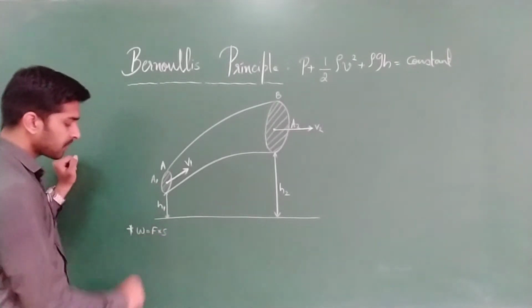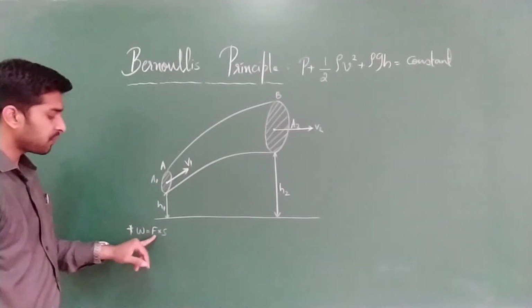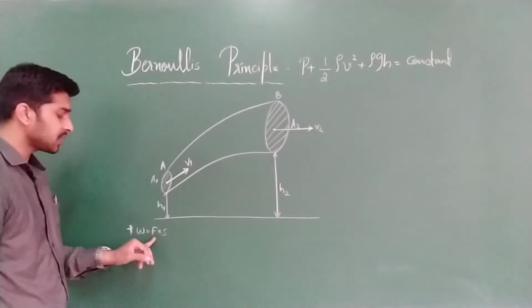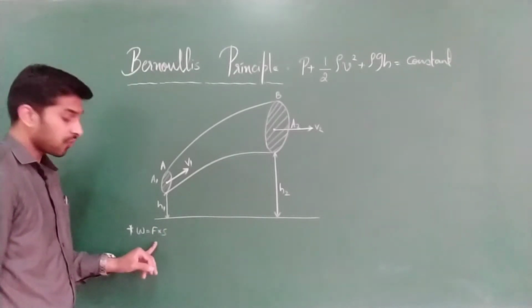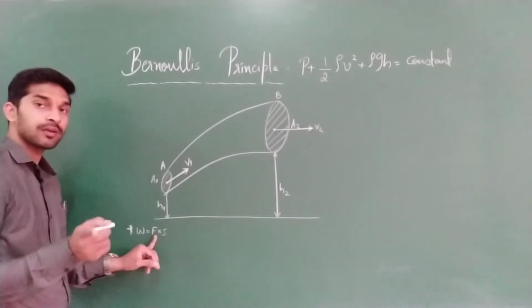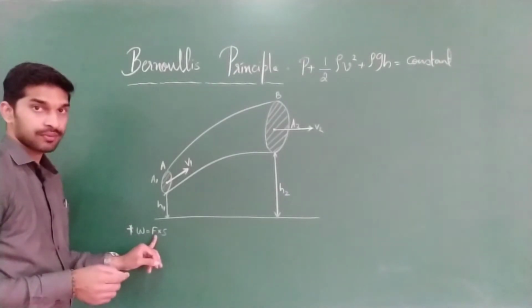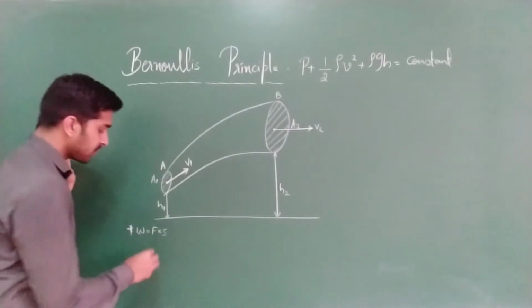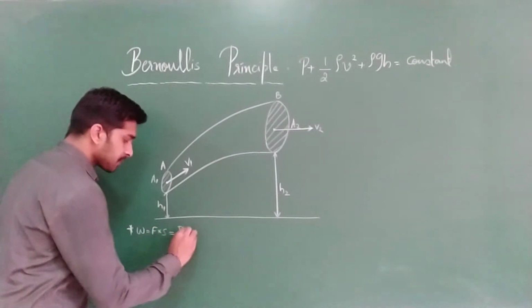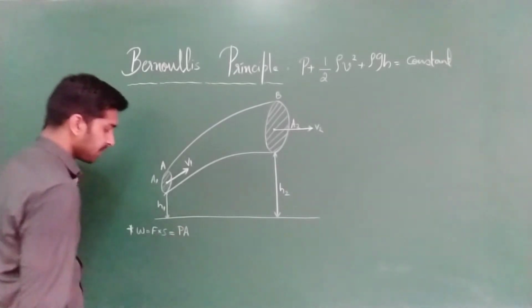We know that pressure is force applied per unit area. Pressure is F by A. From P is equal to F by A, if I separate F, F is equal to P into A. Therefore, I will write here F is P into A.